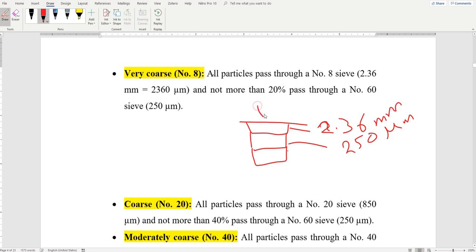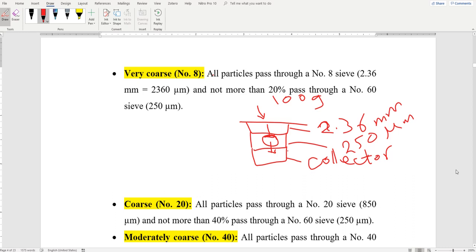Suppose you put here 100 grams, then all of the 100 grams must pass through the first sieve. And then of the 100 grams that comes here, not more than 20 can go to the collector. Not more than 20 grams.